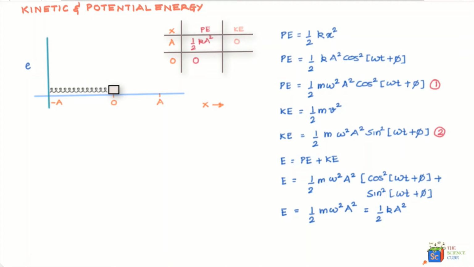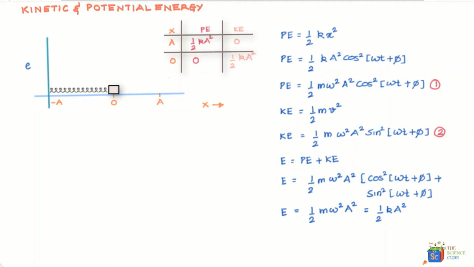Now we discuss our next position. Potential energy is 0 for position O, that is the equilibrium position, and kinetic energy is half mv square, that is equal to half m omega square a square sine square (omega t plus phi).